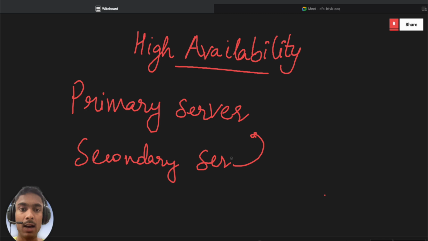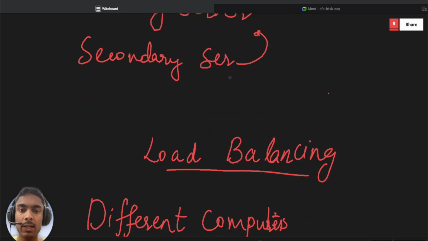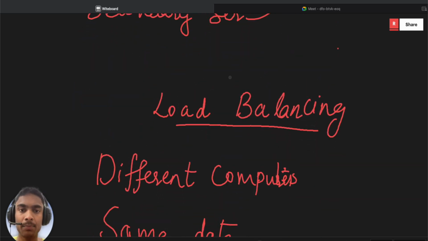So when our system is capable of such an action, we call it a highly available system. So these two things are very desirable.